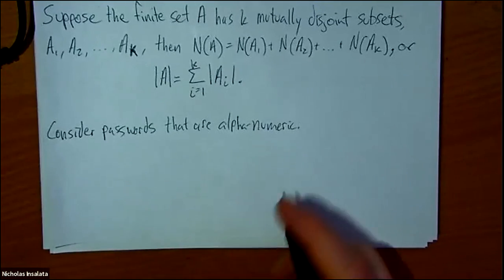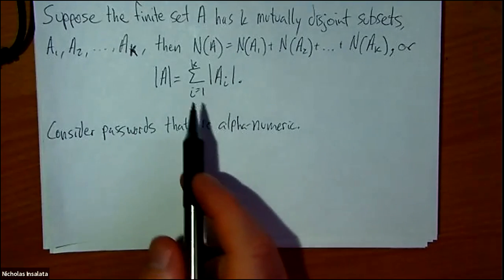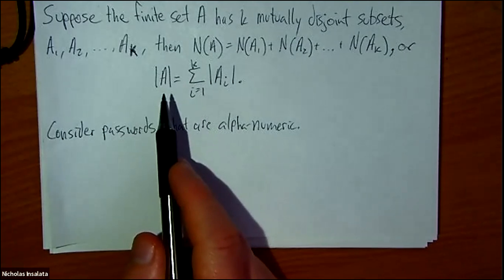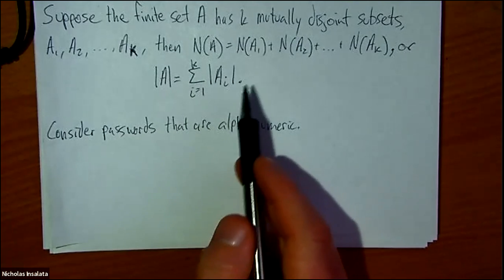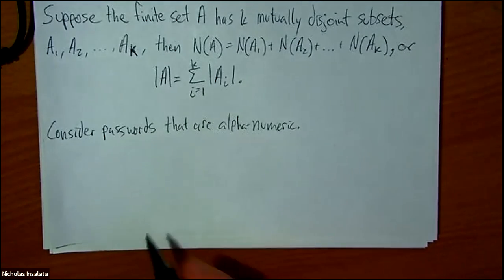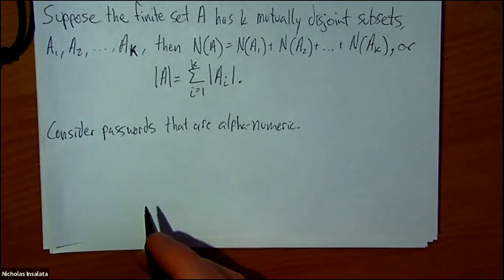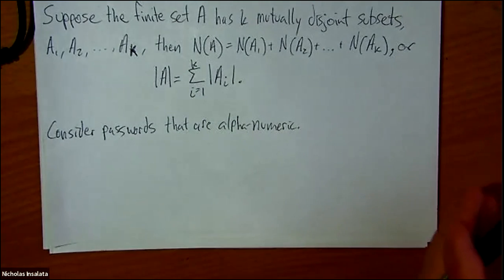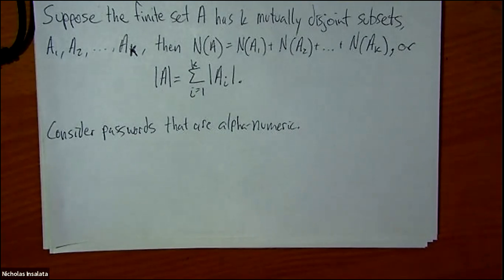These passwords would be all of the contents of our set A. And then each of these A sub I, what could those be? How could you divide up these passwords into some groups that are mutually disjoint? What would be a way of saying, we have this group here, which is separate from this group here, and so on?